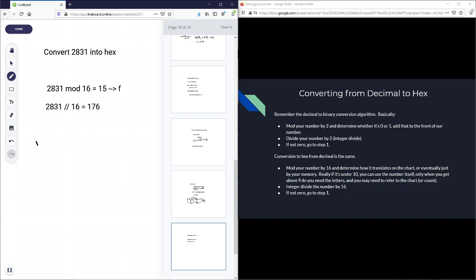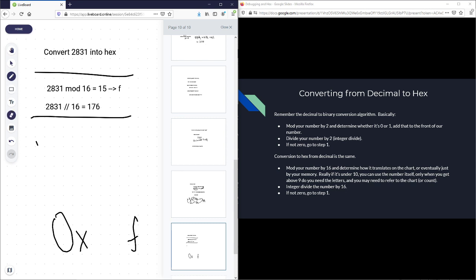So that's the end of our first step, right? Our first hexadecimal digit is F. We know we're going to end up with about 3 of them. And so what we're going to do here is mod 176 mod 16.